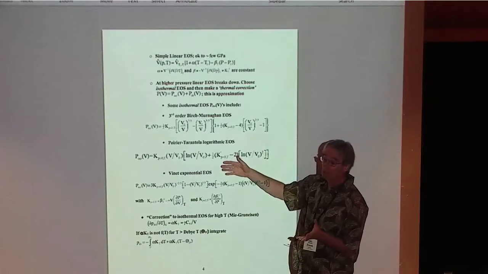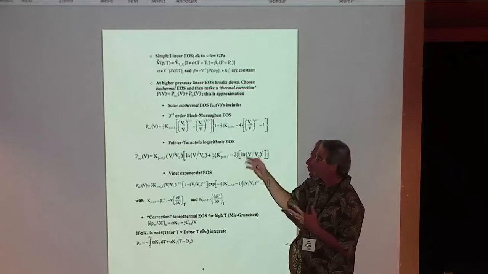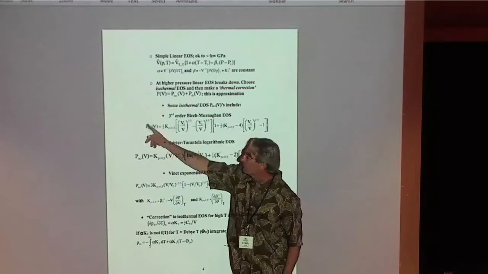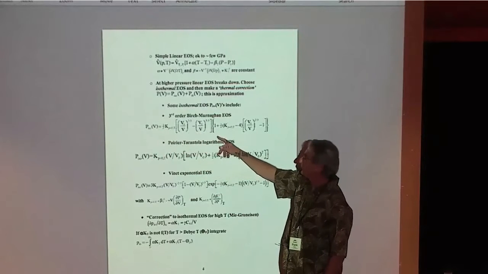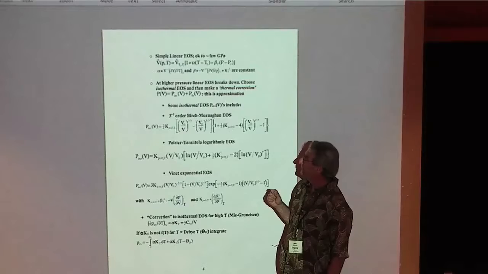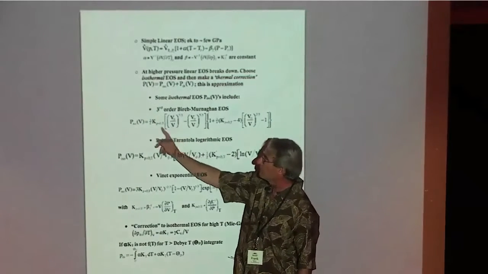It's a cottage industry for mineral physicists and condensed matter physics people to work on good equations of state. So what is this? This is just a relationship between the pressure and the volume, done along an isotherm, right? So at some temperature, this is the relationship between volume of the material and pressure.